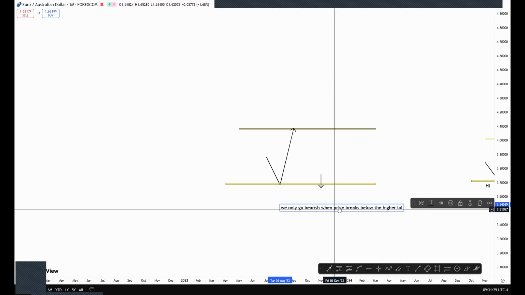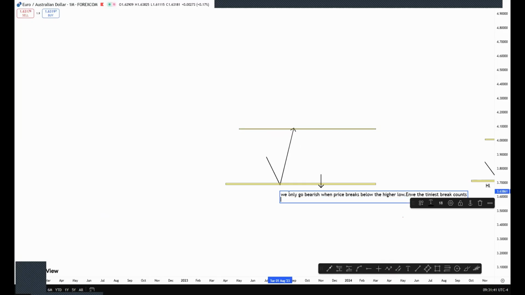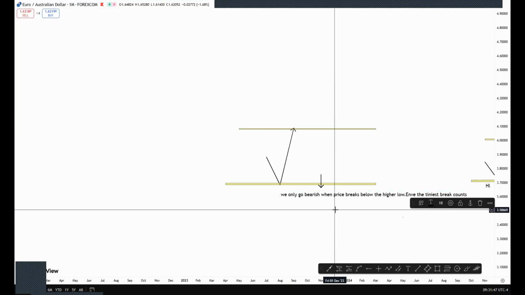So we only go bearish when price breaks below the higher low. Even the tiniest break counts. I'm not saying a big break, just the tiniest break will count as a shift.